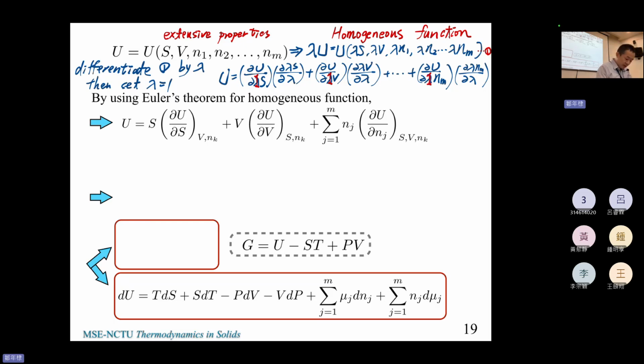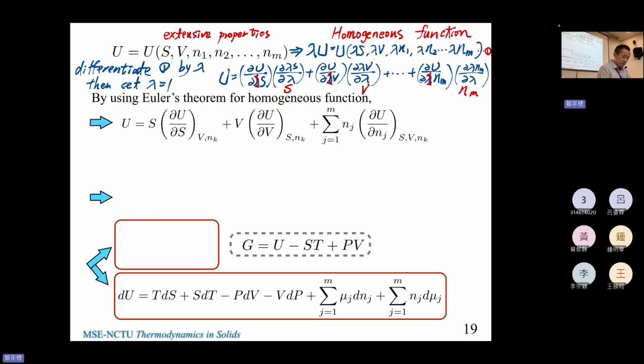And then here is S, here is V, here is M. So everything becomes clear and simple. So this is called Euler's theorem for homogeneous functions. Also, Euler is really a genius. Who thinks about this?